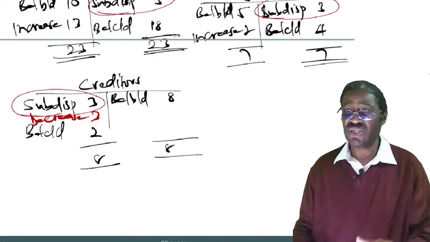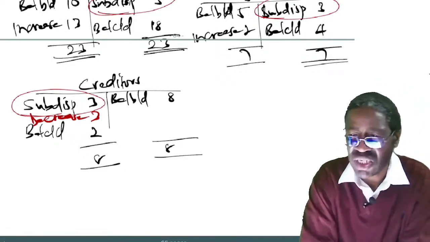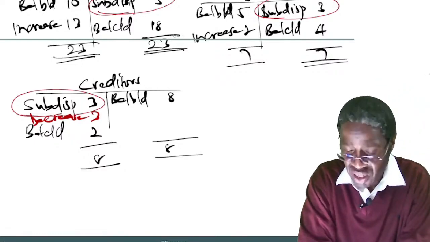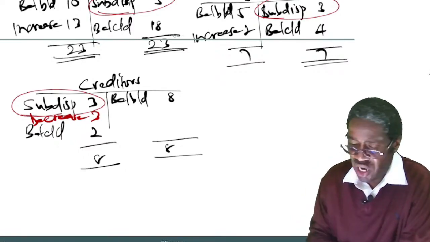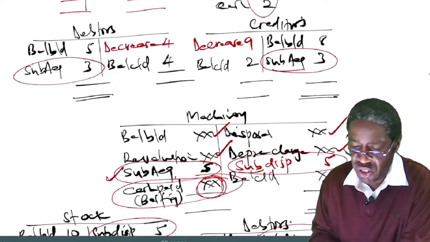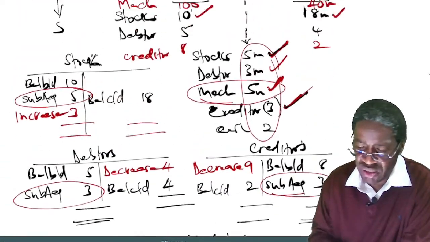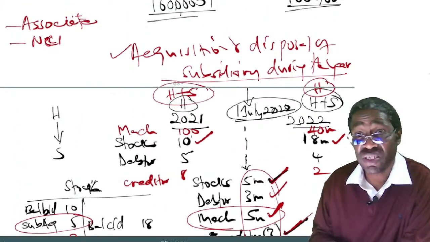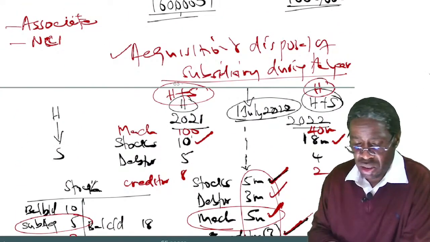Good. So I hope so far you have understood those areas of how to deal with assets and liabilities. So before we continue, let's put down a summary note as per that subtopic. Have a subtopic called acquisition. That's the area we are dealing with. Last time we finished the subsidiary, associate, and non-controlling.